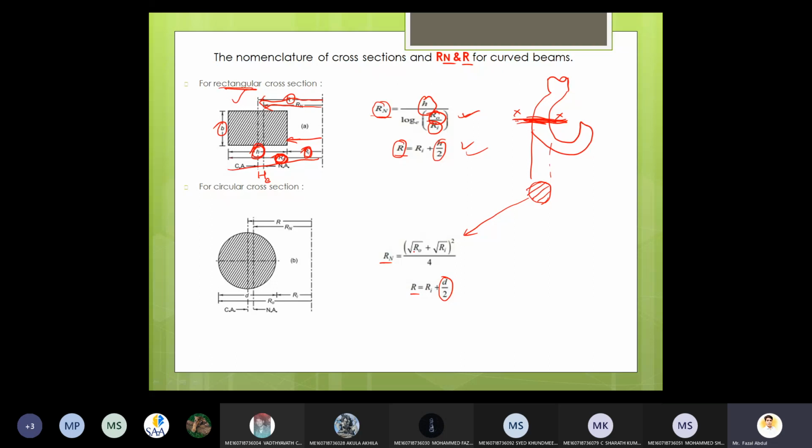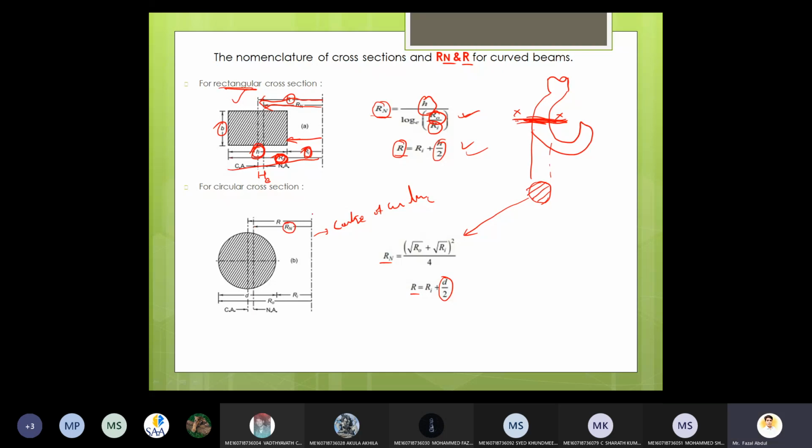And same, see here, this is the center of curvature line, and the distance from the center of curvature line to the neutral axis line is denoted as Rn.